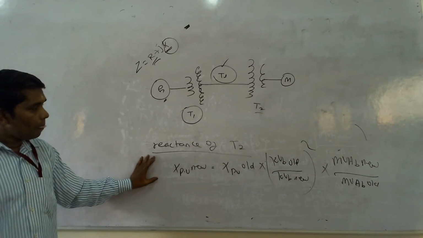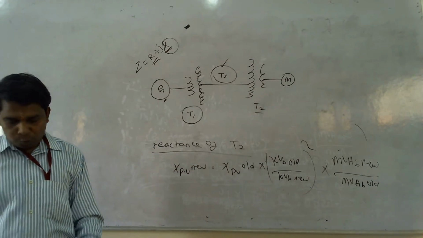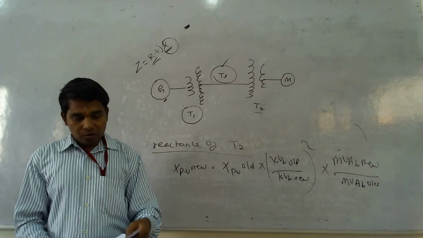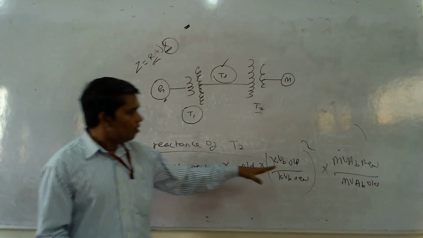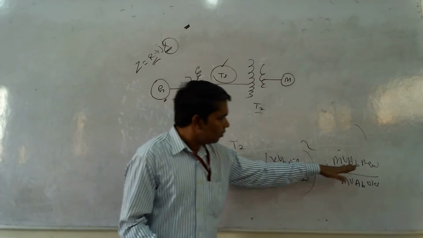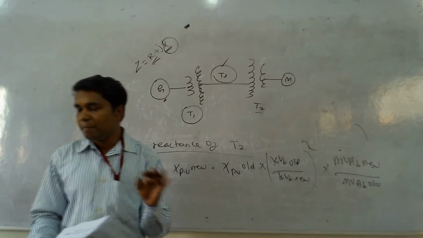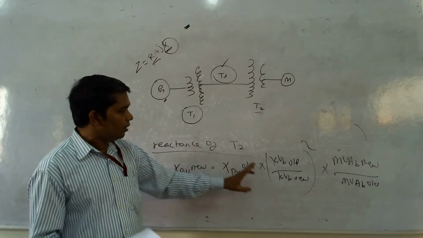So in this formula, let us see what data are available for the transformer 2. The data for the transformer 2 is given, right? They have given 45 megavolt ampere. So the old value will be 45 megavolt ampere in this case, and the new value we already know is 50 megavolt ampere. So this data is available. Then you come to the kilovolt base.